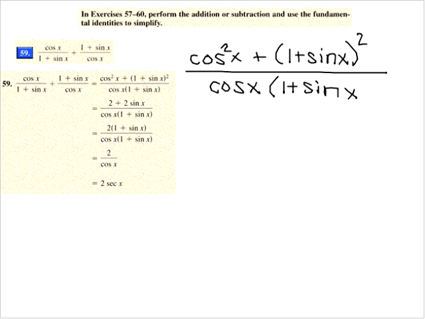Let's see if we have to FOIL the numerator. I FOIL the numerator. I'm going to do this in my head. If you need to write it out and FOIL it, that's perfectly fine. Make sure you do so. 1 plus 2 sine x plus sine squared x.